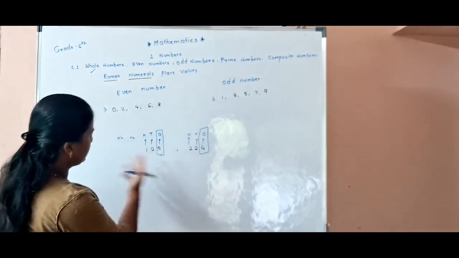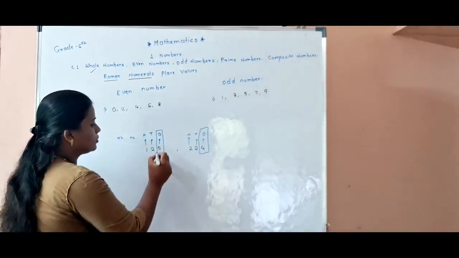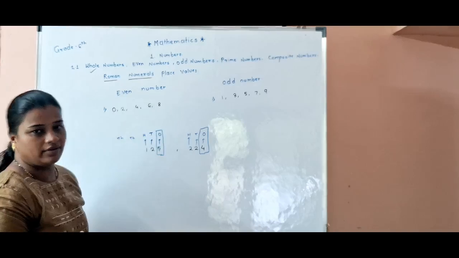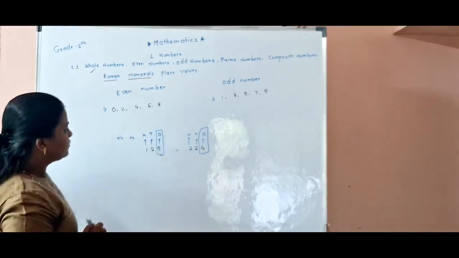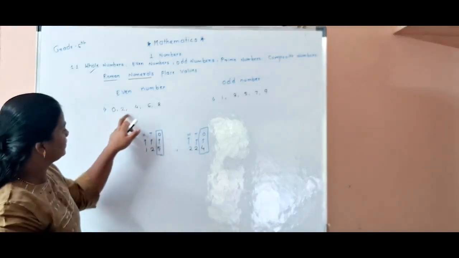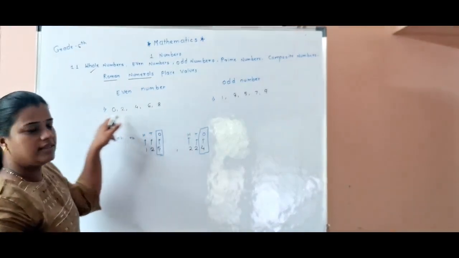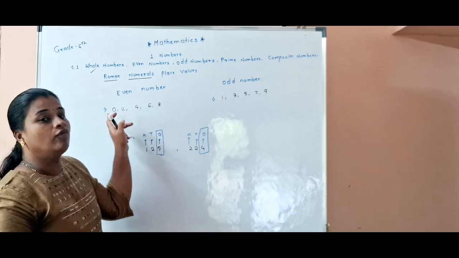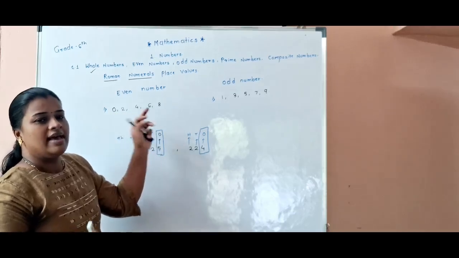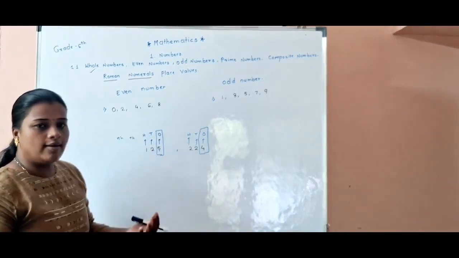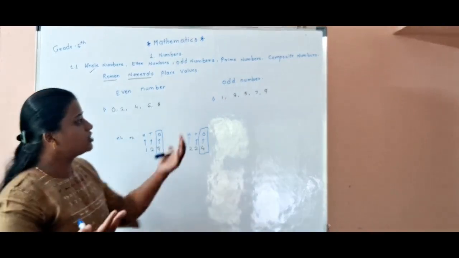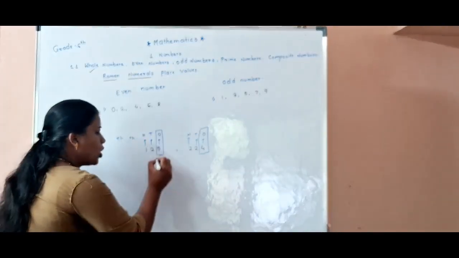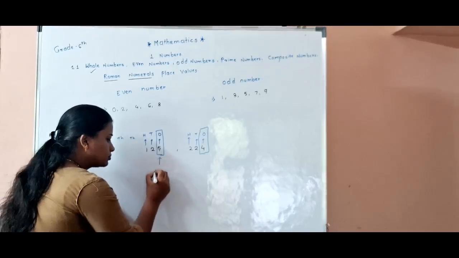Now if I see properly, I'll come to know that the 5 is at the ones place of 125. So this 5 is not divisible by 2, or this 5 does not come under the table of 2. I have told you already, if the number does not come under the table of 2, that is an odd number.